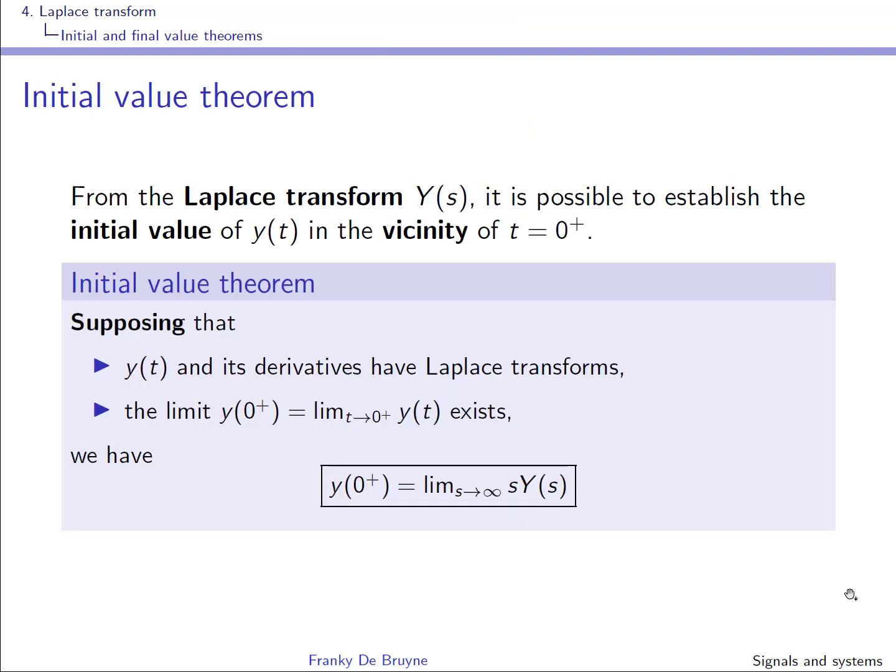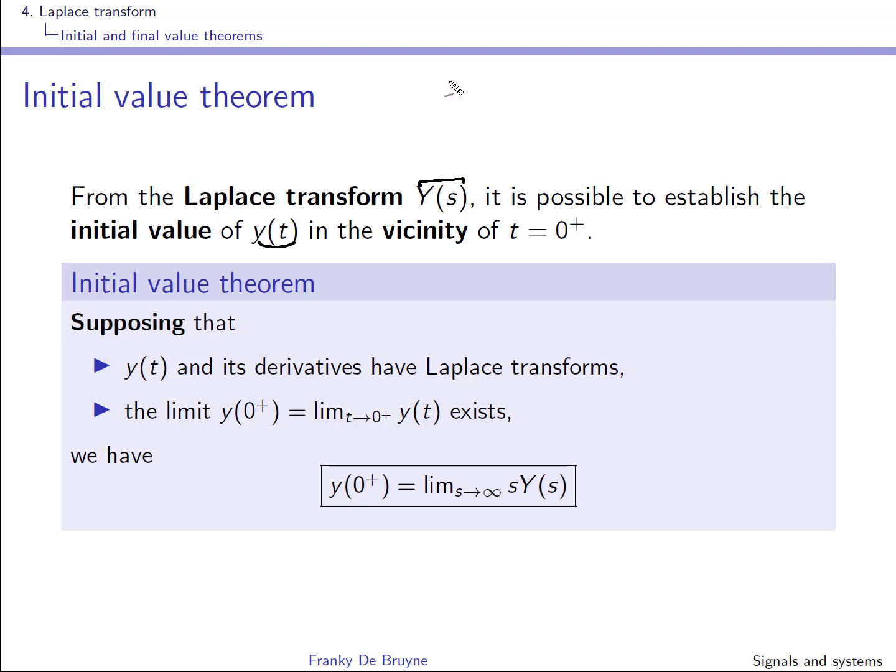So in the next few slides we learn about the initial and final value theorems, and the idea here is that you want to obtain information about y of t in the vicinity of 0, or when t is going to go to infinity. That's for the final value theorem, and you want to do this given Y of s.